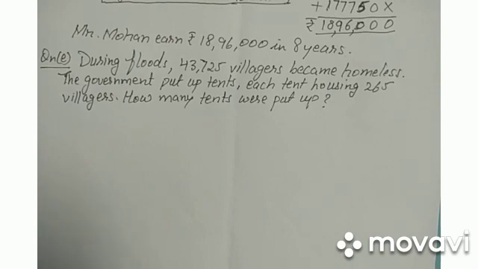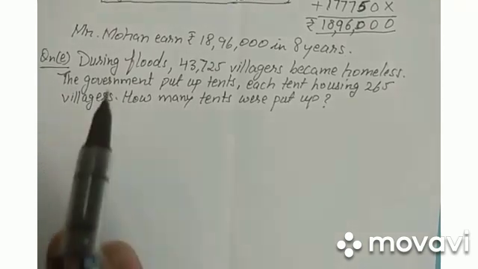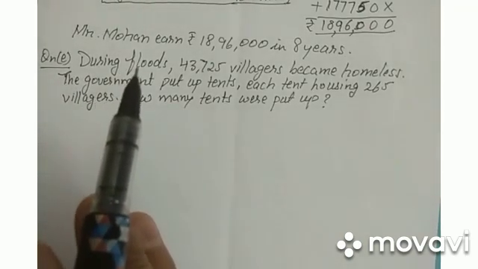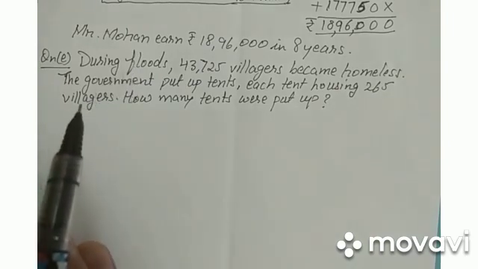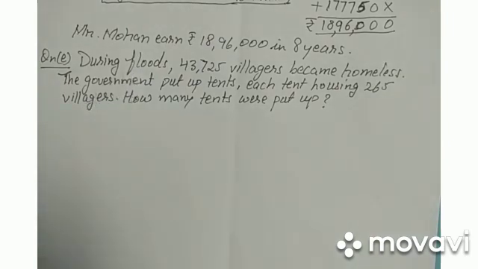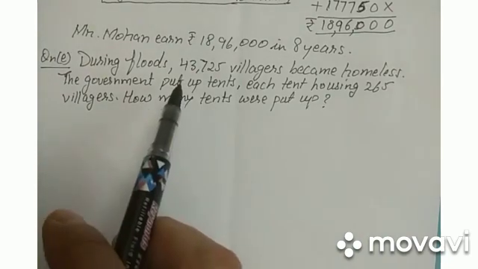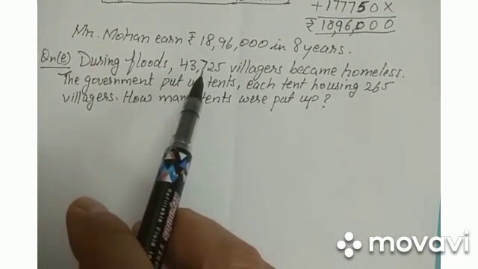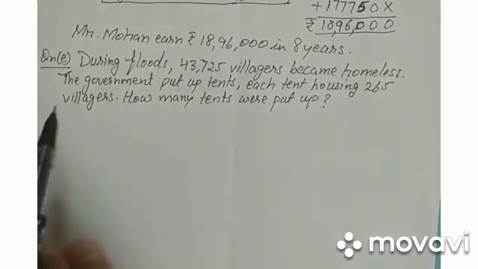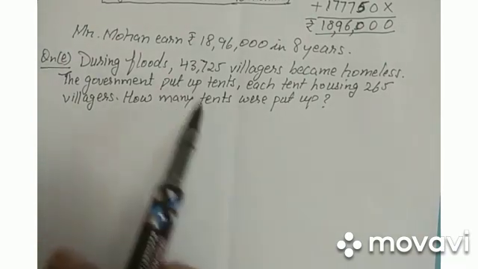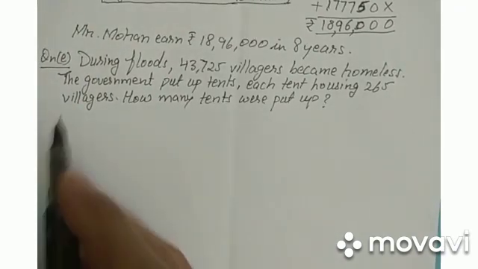For that you have to make 25 in one packet, then 25 in another packet, then 25. That means you have to distribute 100 toffees into different parts of 25 toffees. In this way 43,725 villagers are distributed in equal parts of 265 villagers. So that means in this question we have to divide.